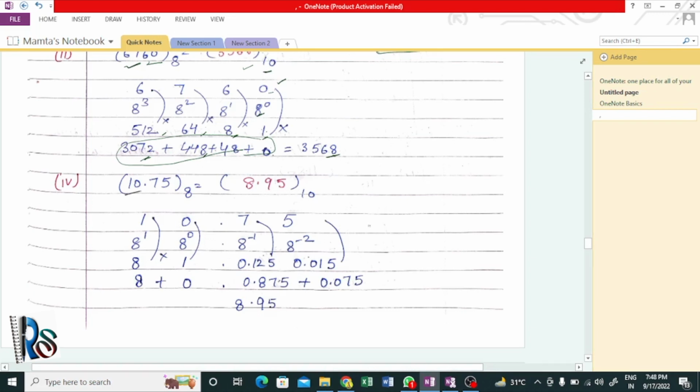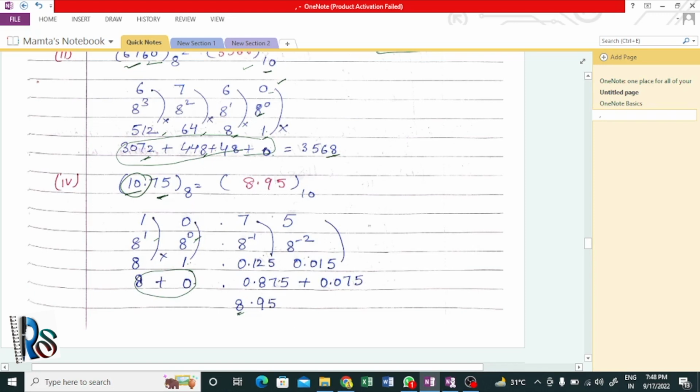The number is 10.75, so we can easily calculate the 10. We'll write here the digits 1 0 and then the octal base and then the powers, and we'll calculate it. 0 into 1 is 0, 1 into 8 is 8.